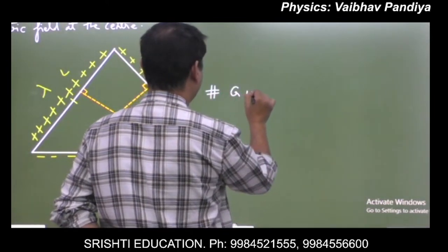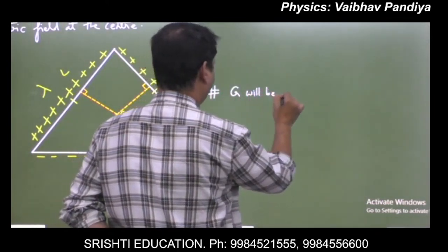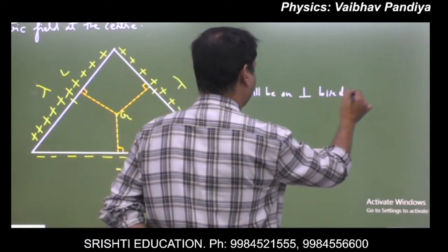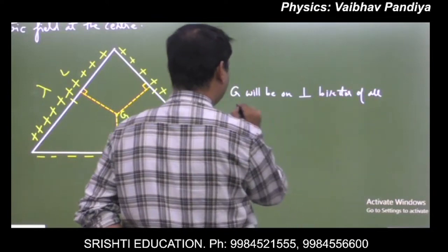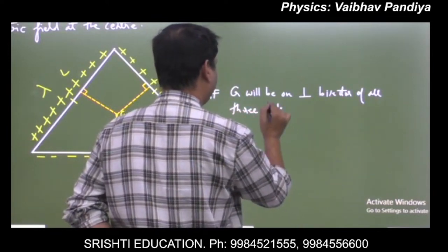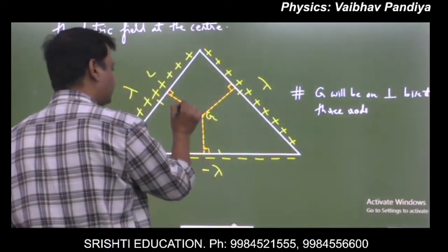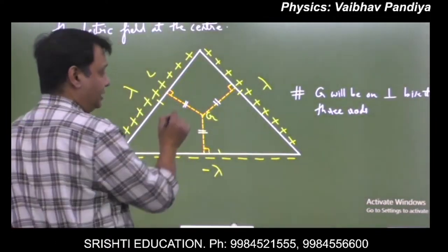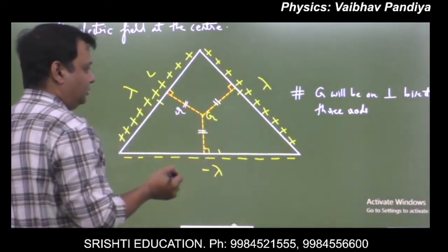G will be on the perpendicular bisector of all three rods. And by symmetry you can see all these three distances will be equal. Let it be R.